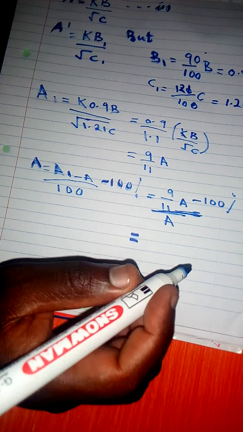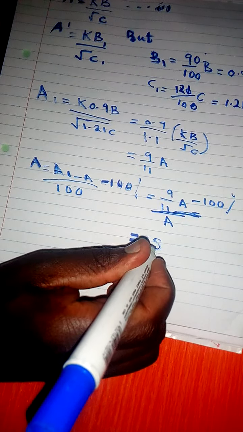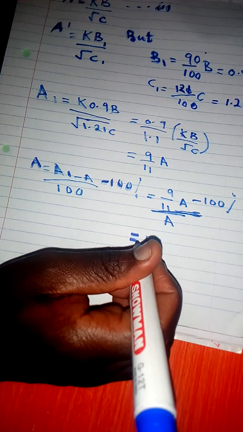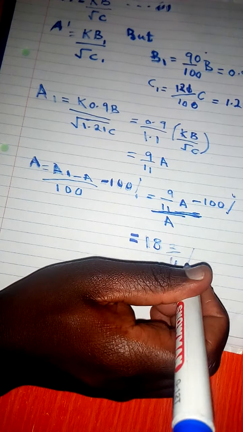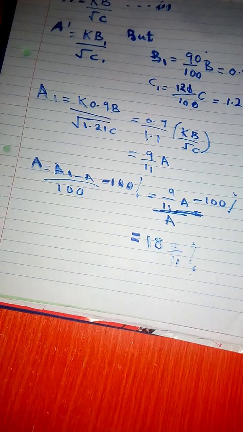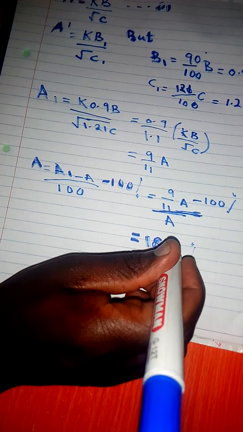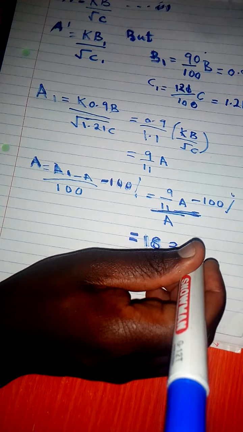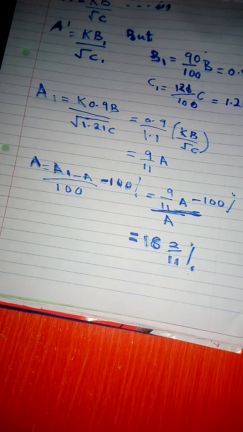Now, this will further give us the value which I will show you here: negative 18 2 over 11%. Now, what is A decreased by?